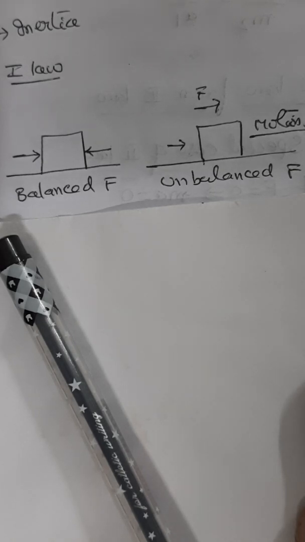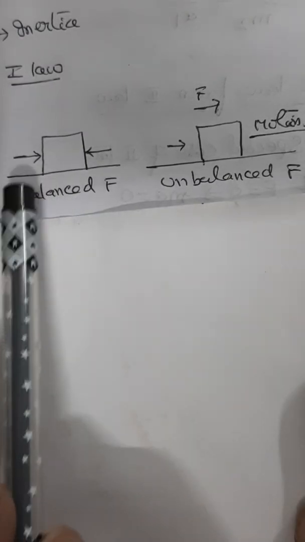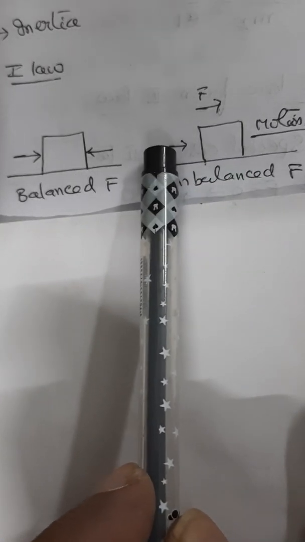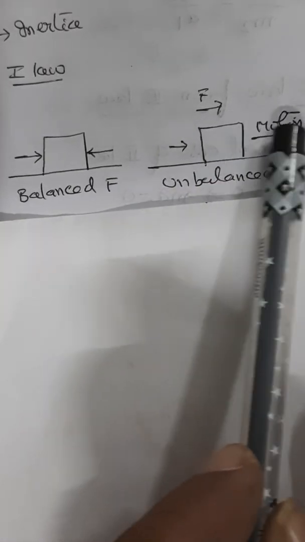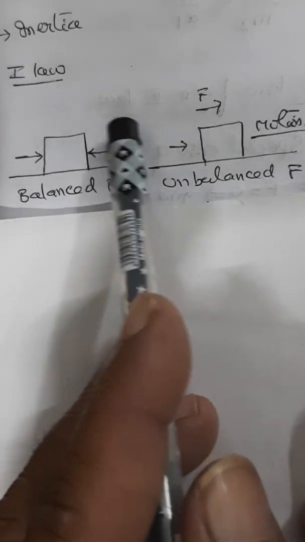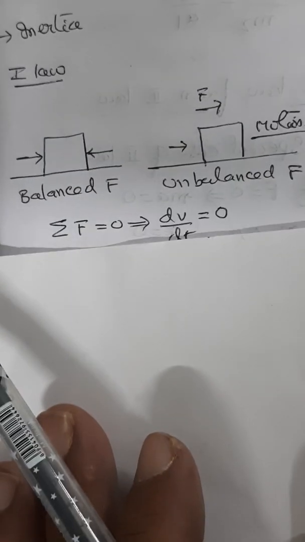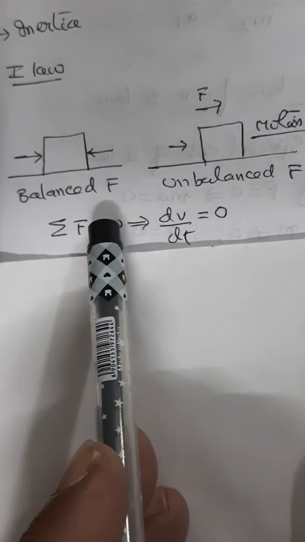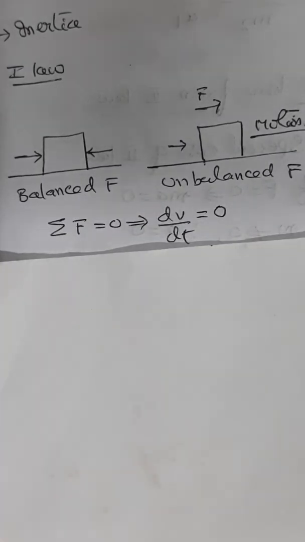That means when there is no external force, it cannot move. See, in this case, when the force is balanced, there is no motion, it is at rest. The moment the force is unbalanced, the body starts moving. So when there is no force, that means the total force acting on this body, sigma F, is 0.